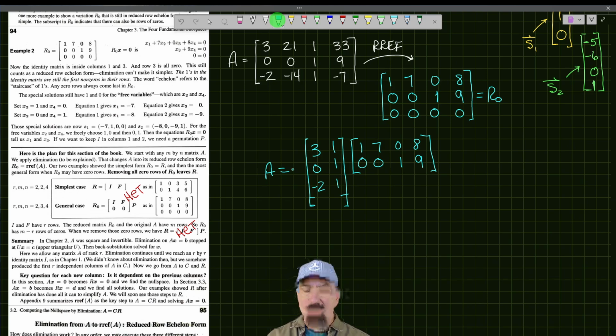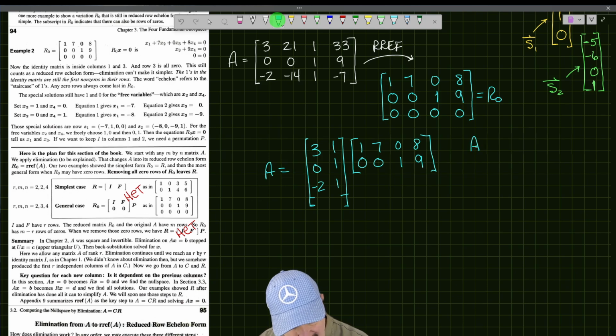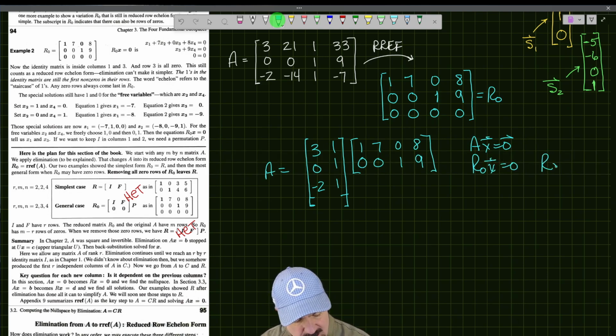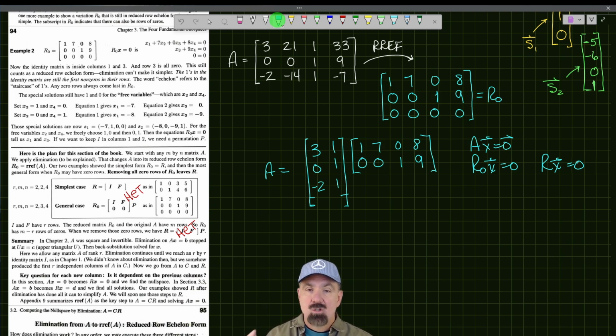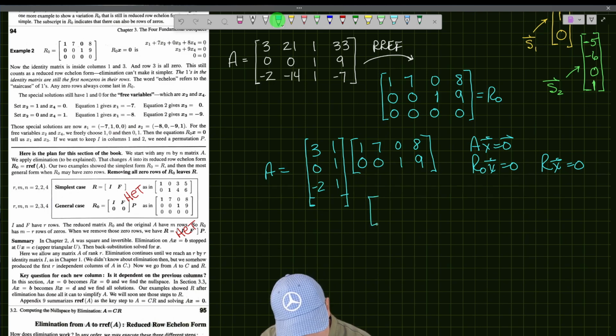So from this, we can find the null space. We want to take a look at solving AX equals 0, but we know that that's the same as solving R0 X equals 0, which is the same as solving RX equals 0. The solutions for any one of these is the same, because Gauss-Jordan row operations do not change the solutions. So what we want to do then is take a look at 1, 7, 0, 8 and 0, 0, 1, 9.